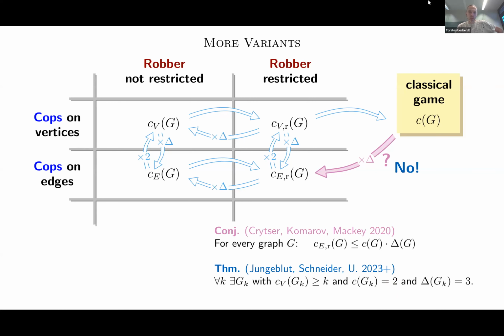So assume this is the situation, and assume moreover that we somehow have the robber sitting here. This is a balanced, complete binary tree, and the same copy here. There's a long path between them, and in the middle of this long path there are escape gates to the rest of the graph.